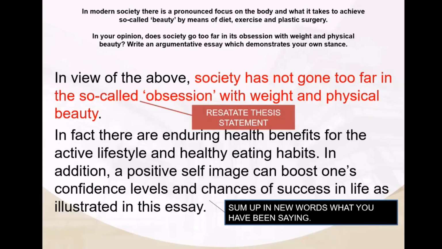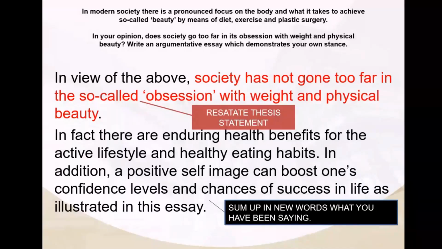In addition, positive self-image can boost one's confidence levels and chances of success in life, as illustrated in this essay. In other words, the essay has proven that there are health benefits for an active lifestyle and also eating healthy foods. And therefore, when people have a positive self-concept or image, their levels of confidence rise and chances of success likewise rise. So it's a beautiful concluding paragraph for an argumentative essay, indeed.